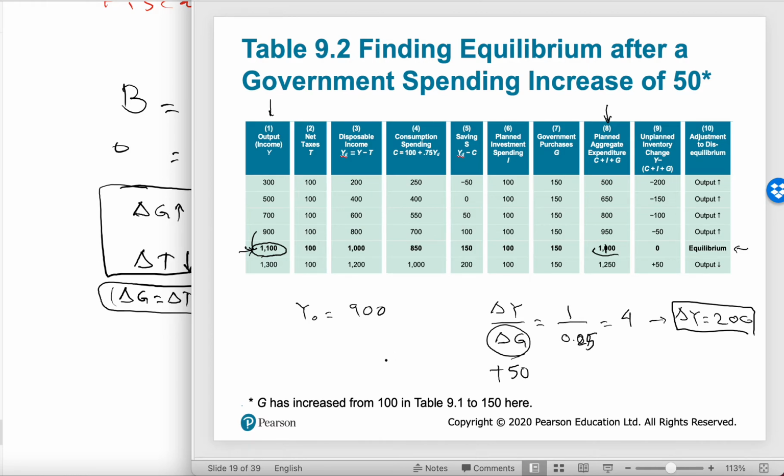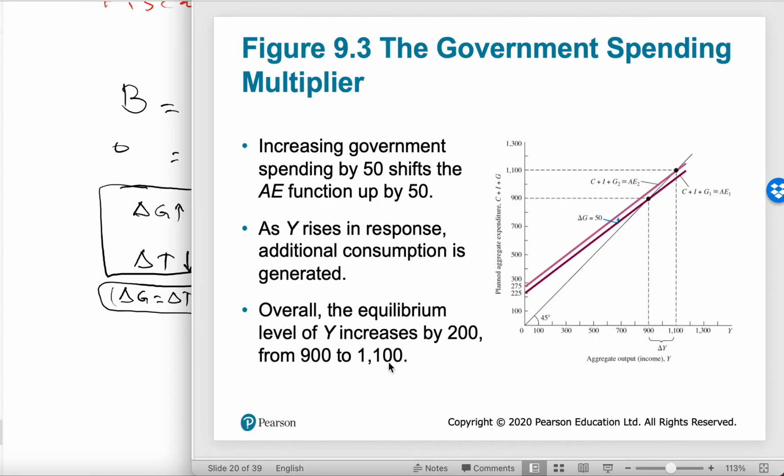We can do it with the equation also, with the graph also. So our initial equilibrium was 900, and this dark purple line is showing C plus I plus G1 equal to this. Now G1 becomes G2, increased by $50 million, so this is shifting upward.